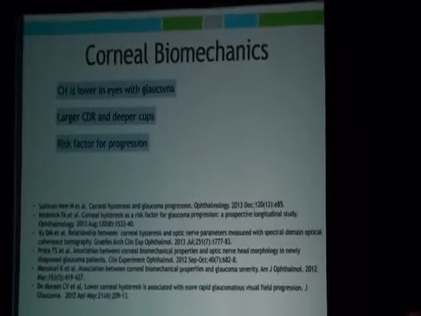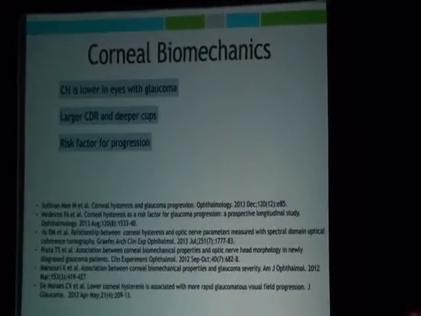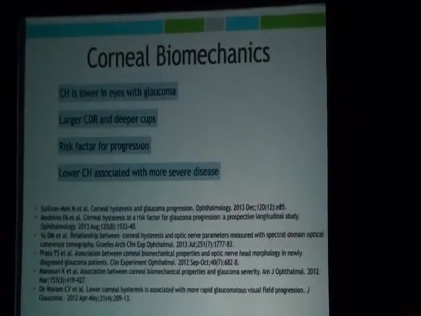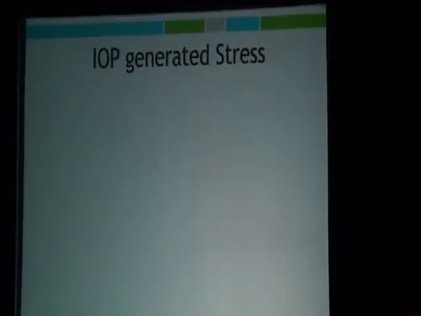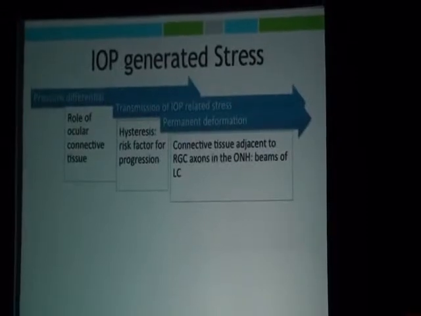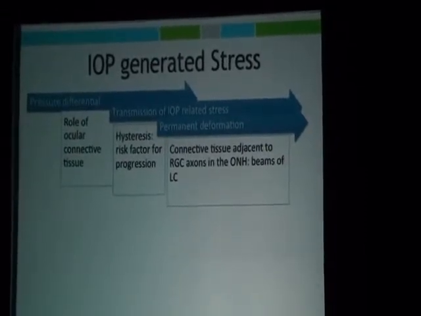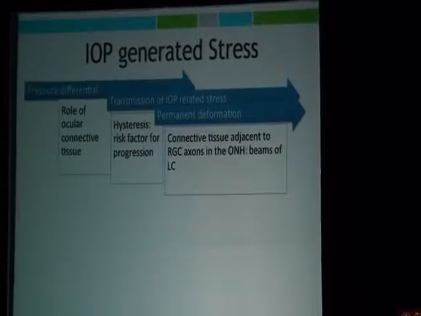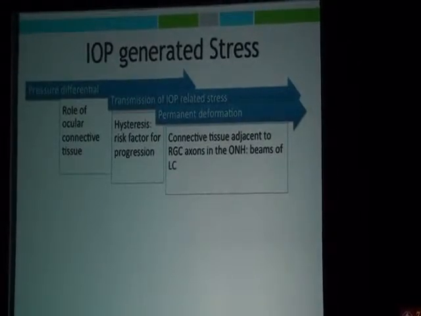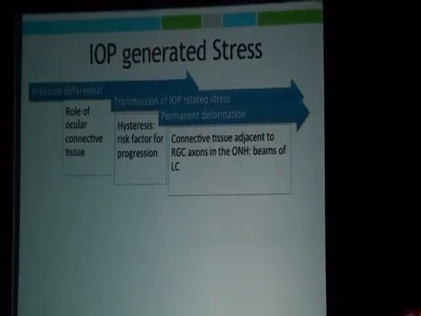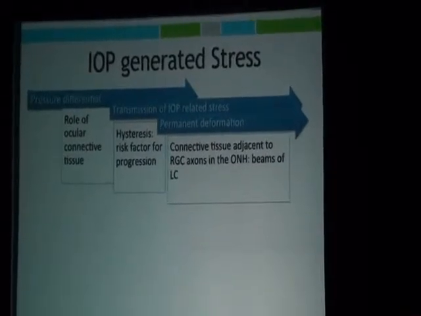We also know that lower corneal hysteresis is a risk factor for progression, and is associated with more severe disease. So IOP-generated stress is basically a pressure differential, and this transmission of intraocular pressure-related stress leads to permanent deformation, if you may, at some point, over repeated insults to the optic nerve head.